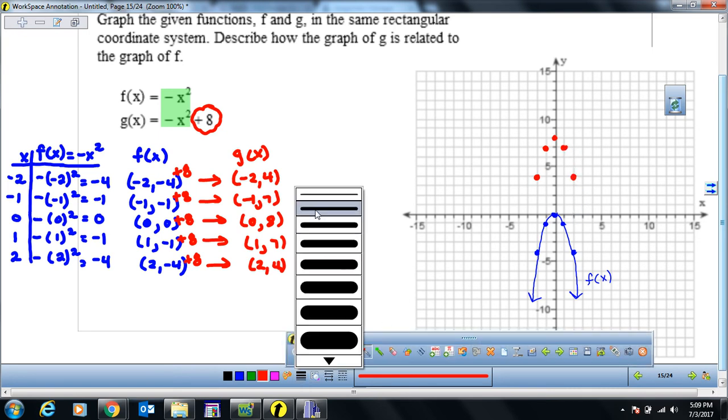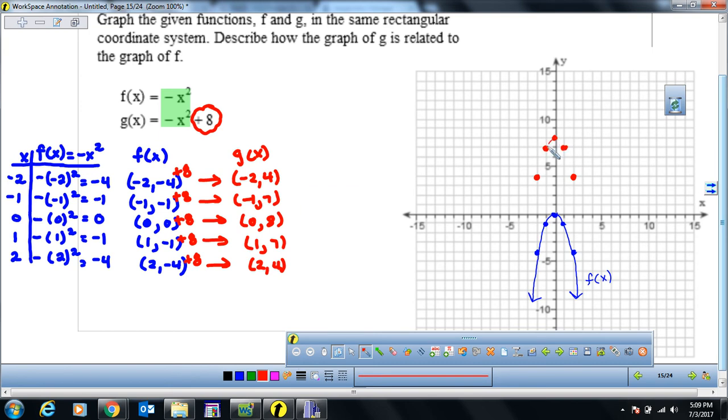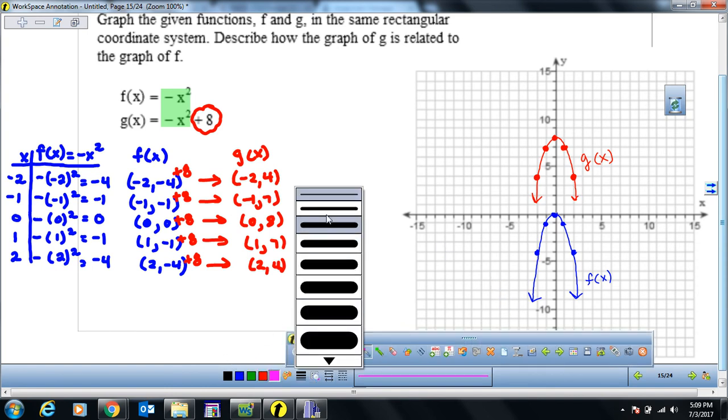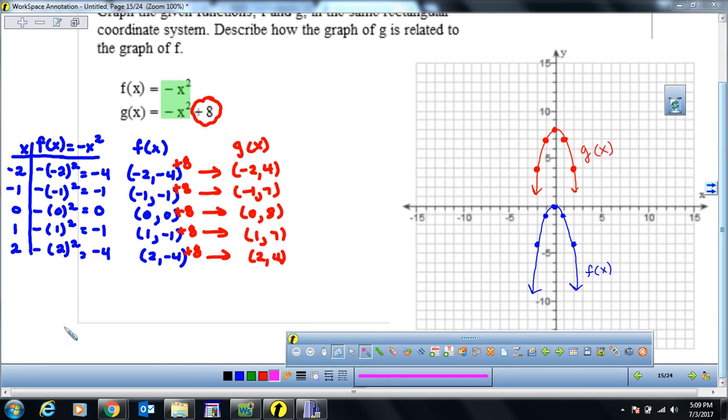It is still the same shape. It is the same as the function f of x. The only difference is what happened to get from here to here. The function was shifted up 8 units, from one point to the next point to the next point to the next point and to the next point. All of the points shifted up 8 units. So when we describe the relationship between them, all you're going to say is this.